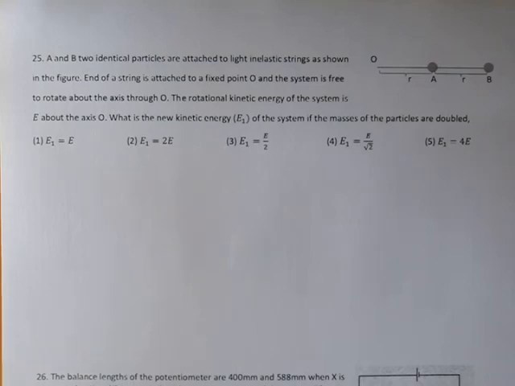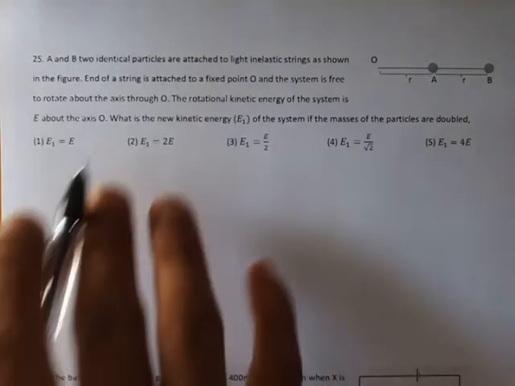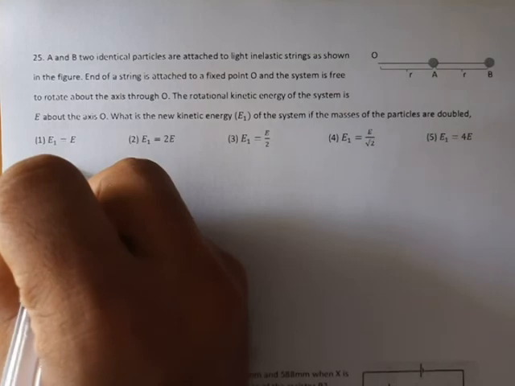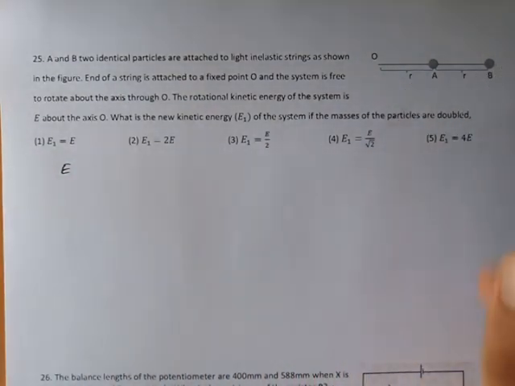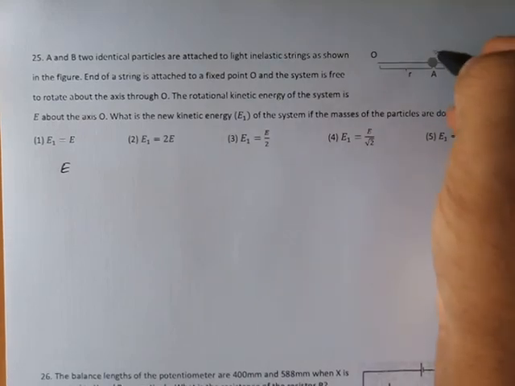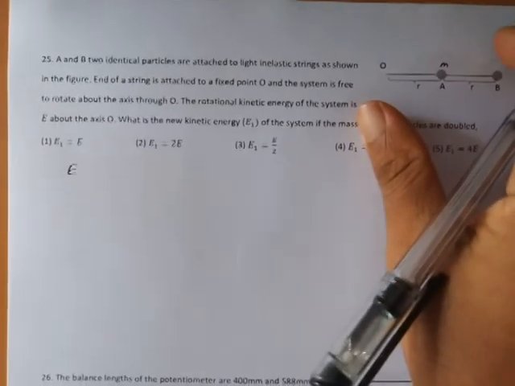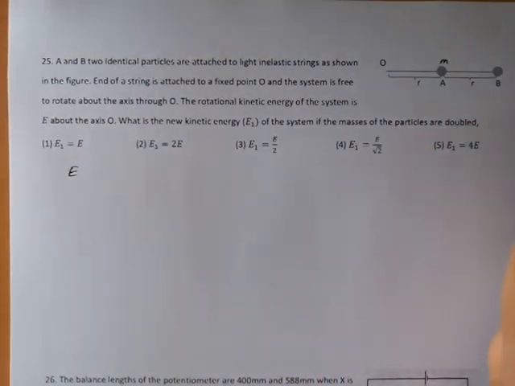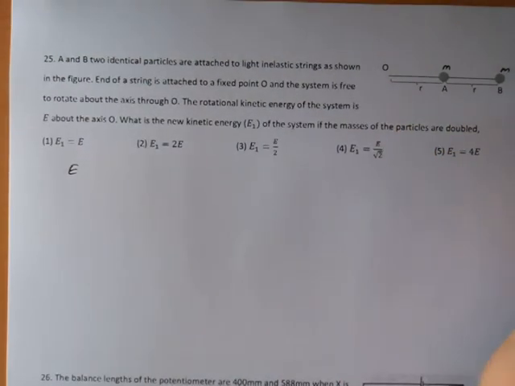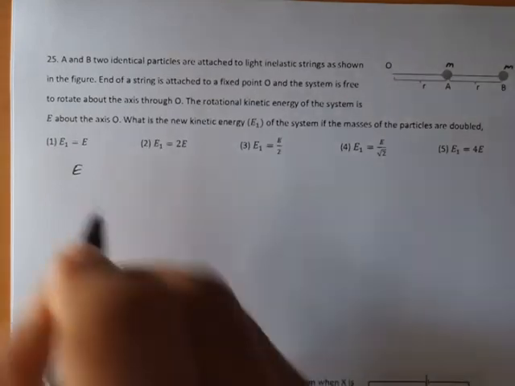Okay, so first let's find out E in terms of M and R. Here I take the mass as M, since these are two identical particles, so both masses are the same.